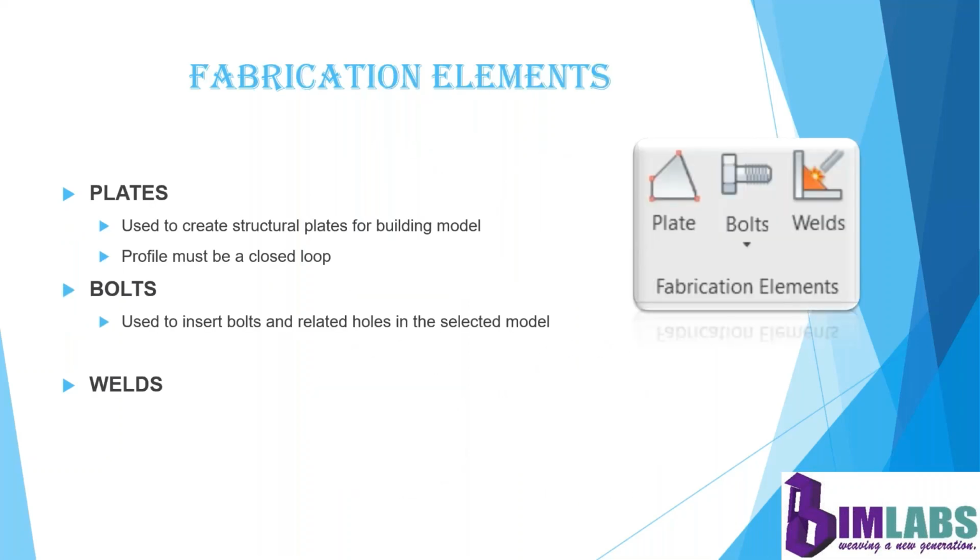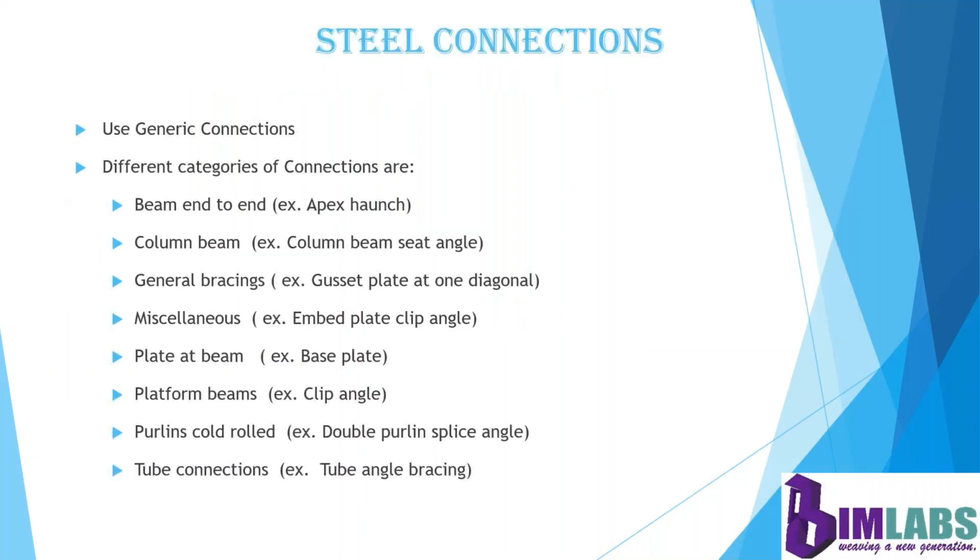So next comes the fabrication elements. As I already told you, we have plate, bolts and welded connections, which we can create as our own type and just place. These are some steel connections: beam end to end, apex haunch, column beam, seat angle, gusset plate at one diagonal. These different connections are already available in Revit Structure.